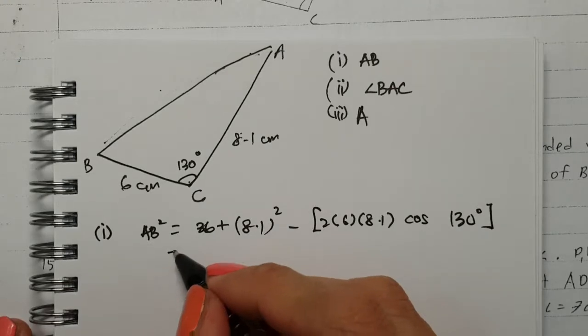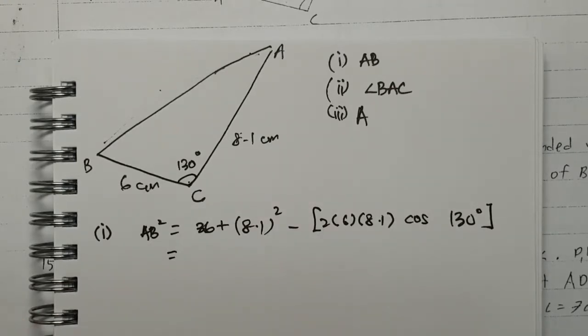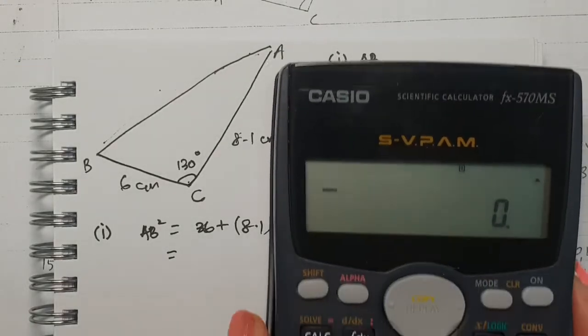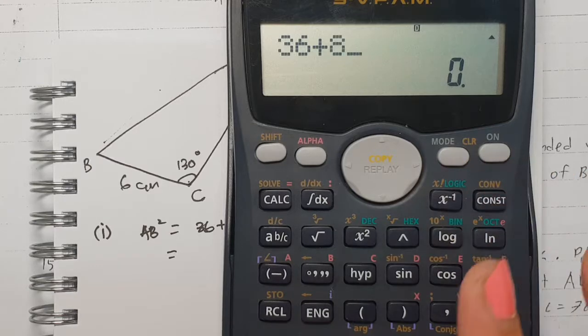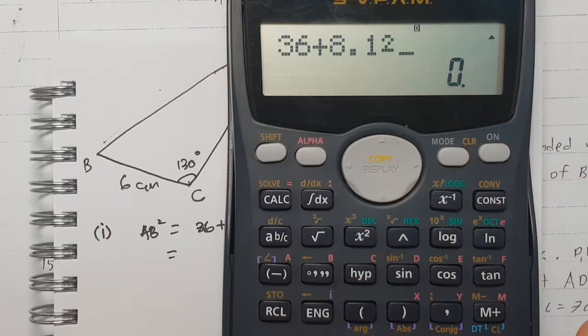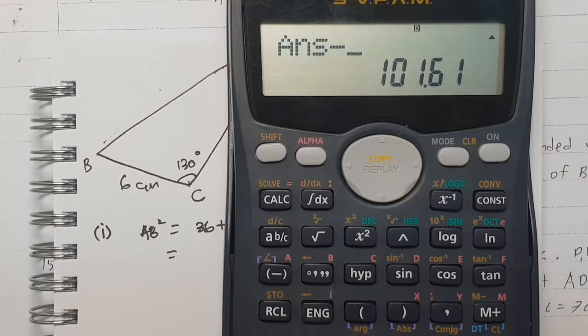All right, use calculator. We have 36 plus 8.1 squared, and then minus, this one we have to do 2 times a times b.